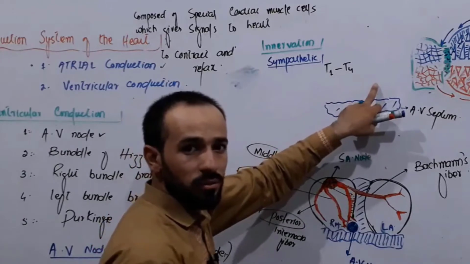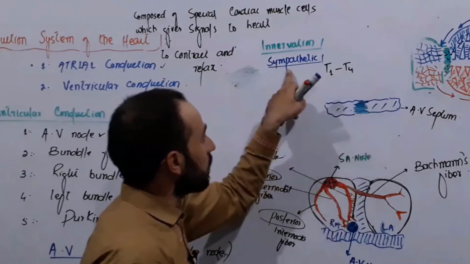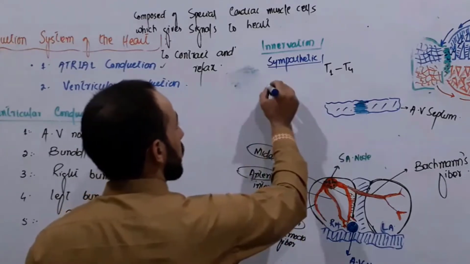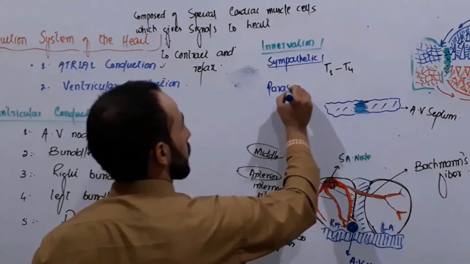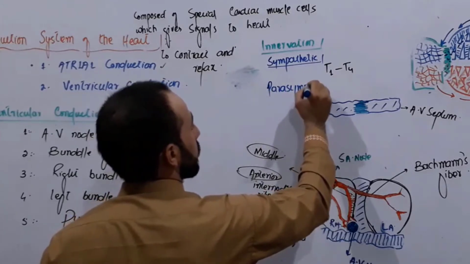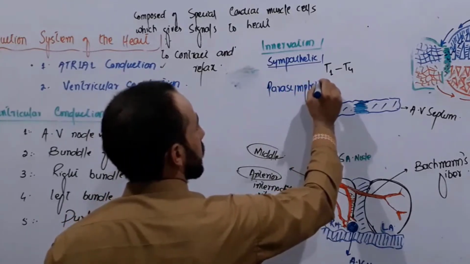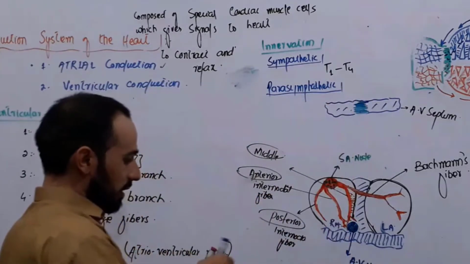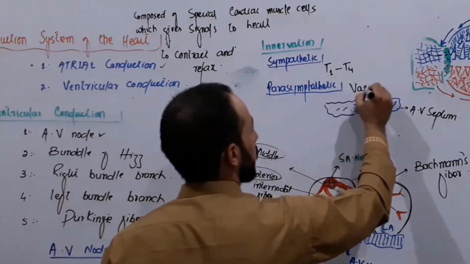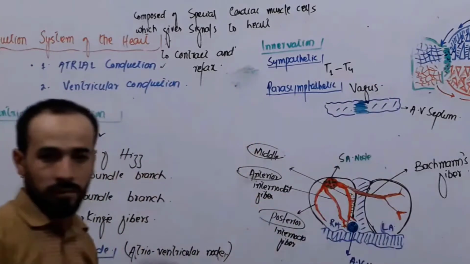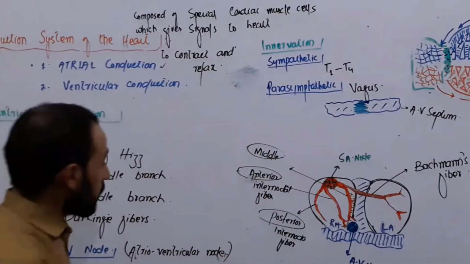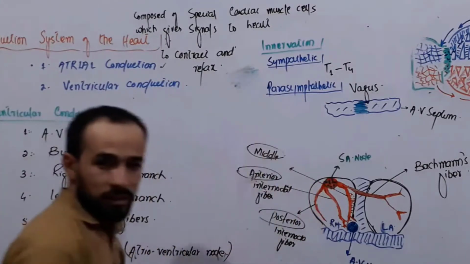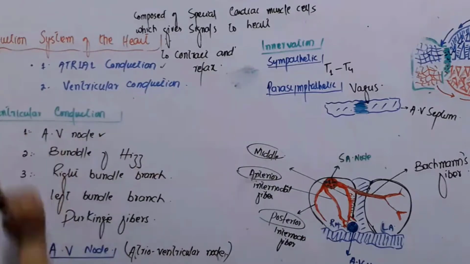The branches come out and make a plexus, and from there sympathetic activity is provided to the AV node. And then there is also parasympathetic innervation, which is provided by the vagus nerve, right?